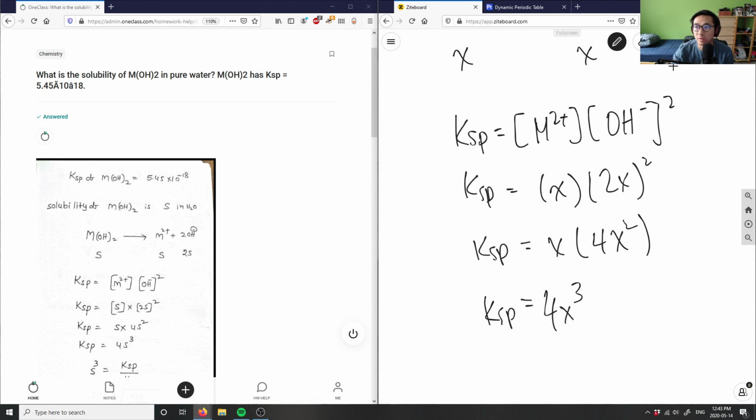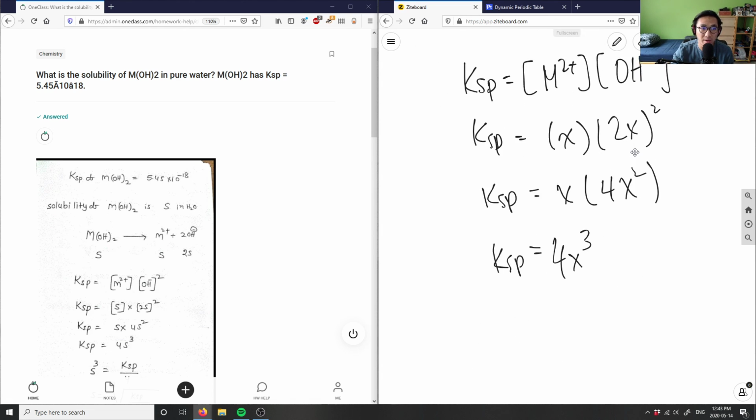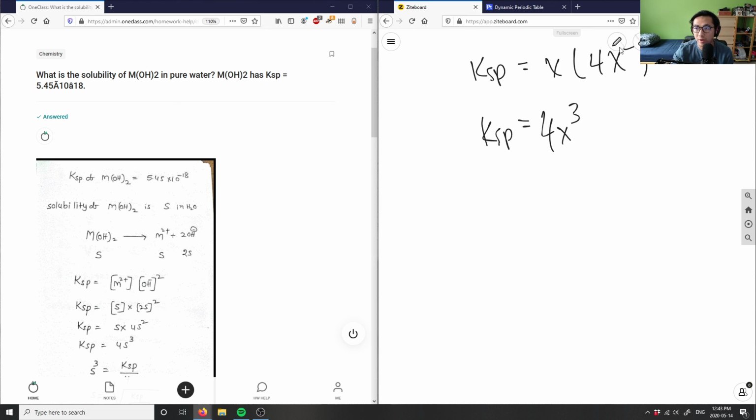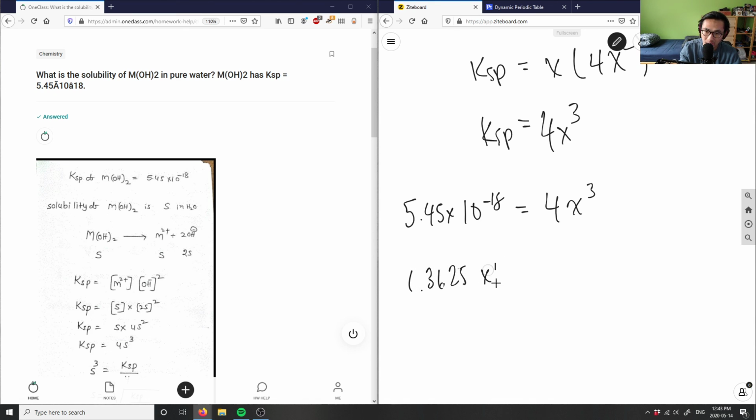And because I'm given my KSP here, I can simply solve for X, right? So I can plug in my KSP, which is 5.45 times 10 to the negative 18, equals 4X cubed. I can divide both sides by 4, which would give me 1.3625 times 10 to the negative 18 equals X cubed.